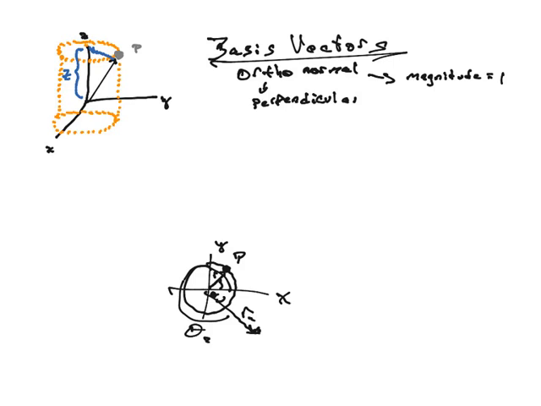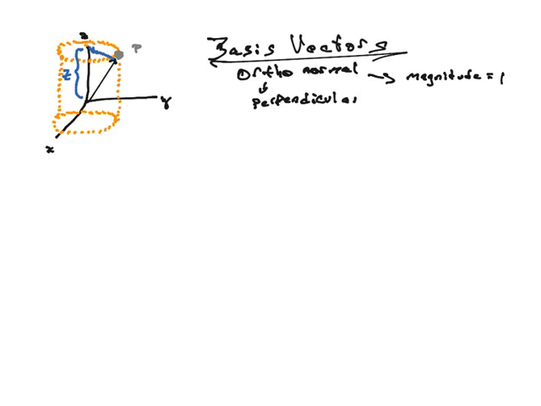I'm just saying, in order to get there, I can either say, here's my point. Let's go a certain amount in the x direction over, and then a certain amount in the y direction up, and I'll be at this point. That's the Cartesian way of doing things. The other way, the polar way, says, let us rotate from the positive x-axis a certain amount theta, and then walk out in that direction a certain amount r.